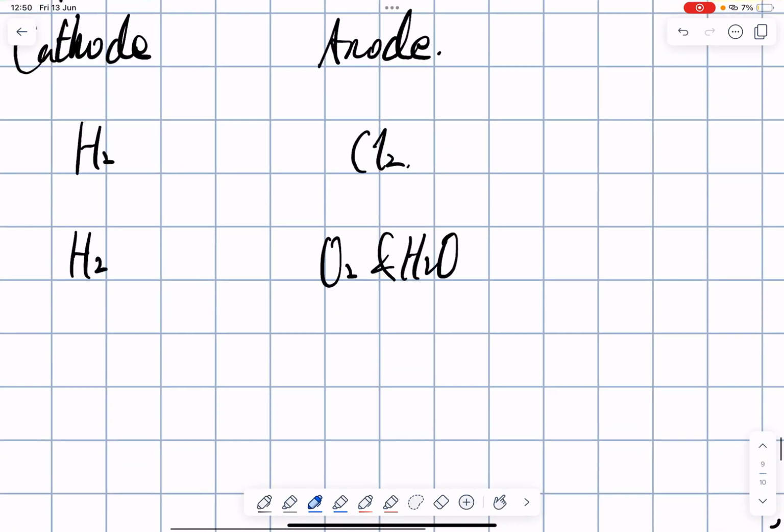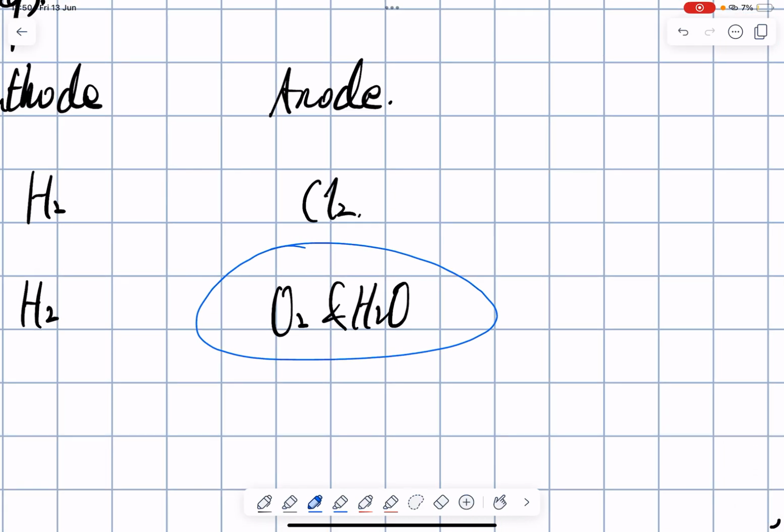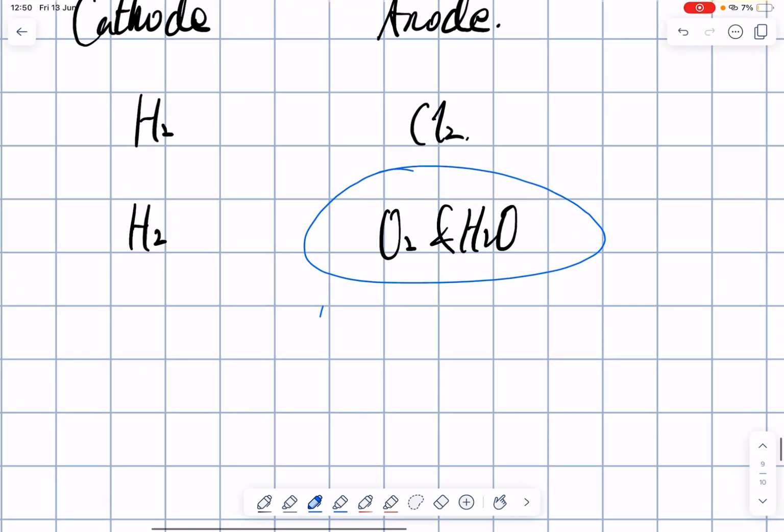But this is just an ideal condition when it's infinitely dilute.